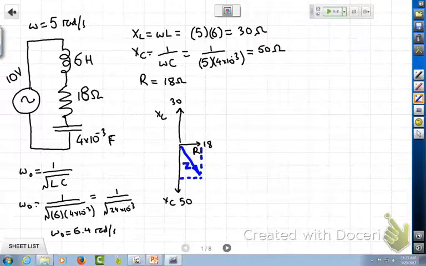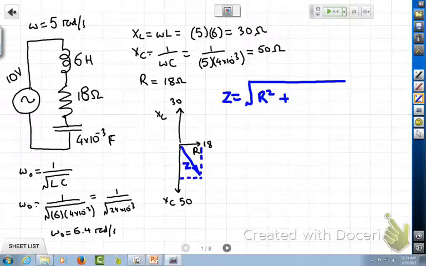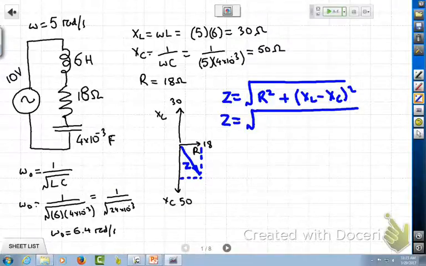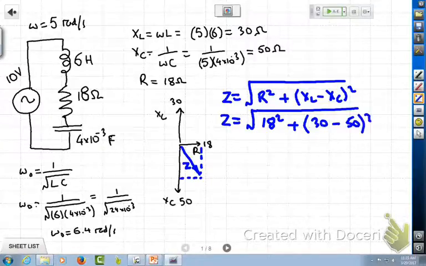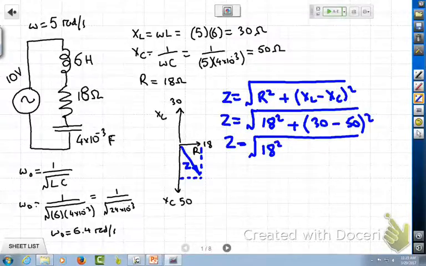So Z is equal to the square root of R squared plus XL minus XC squared. So Z is equal to the square root of 18 squared plus 30 minus 50 squared, so that's going to be 20 squared.